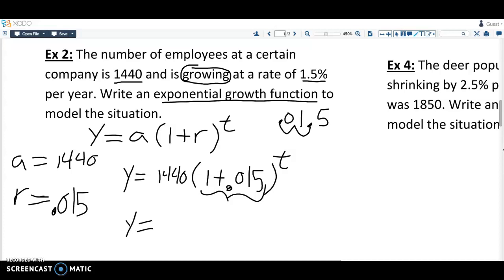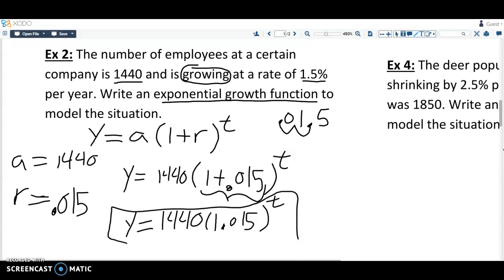So Y equals 1,440 times 1.015 to the power of T. And now this is the equation, the function, that's going to model the exponential growth of the employees at this company.